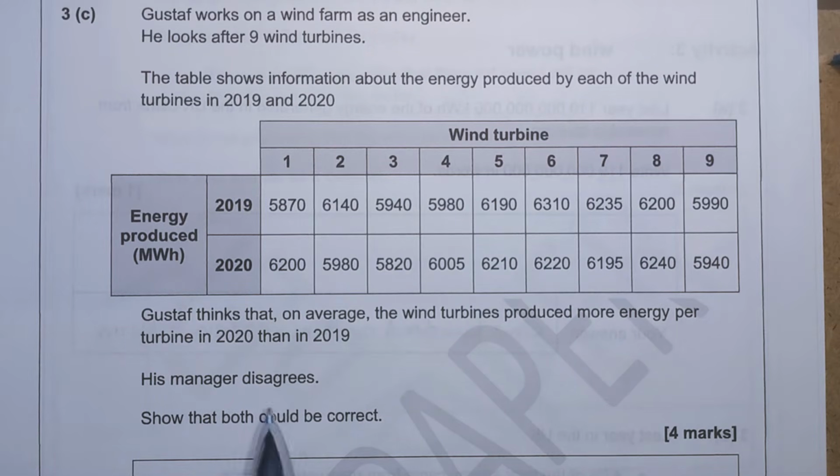Well, the only way that both of them could be correct is if we're looking at 2 different types of averages. So we're going to need to look at the mean and the median.